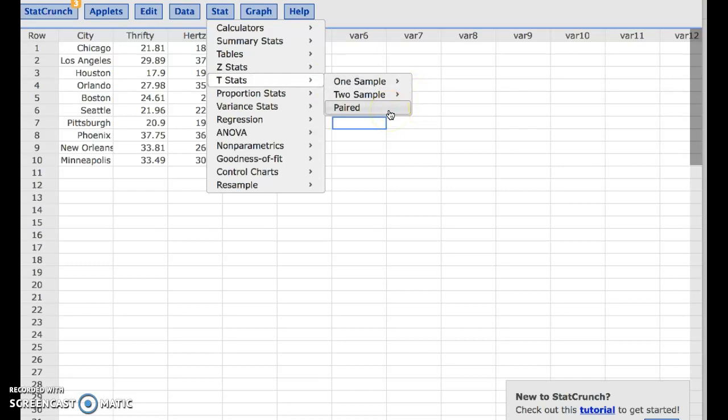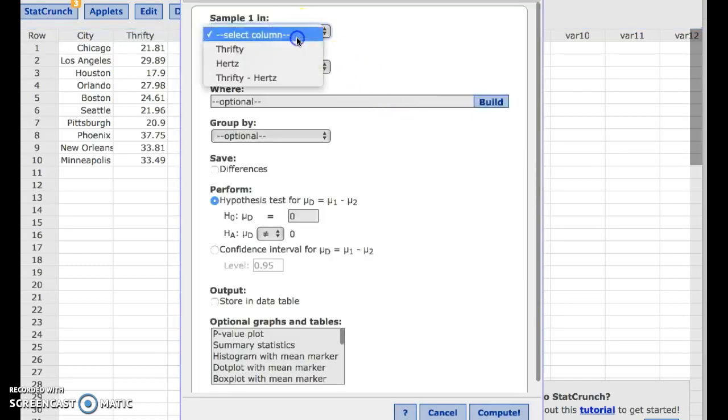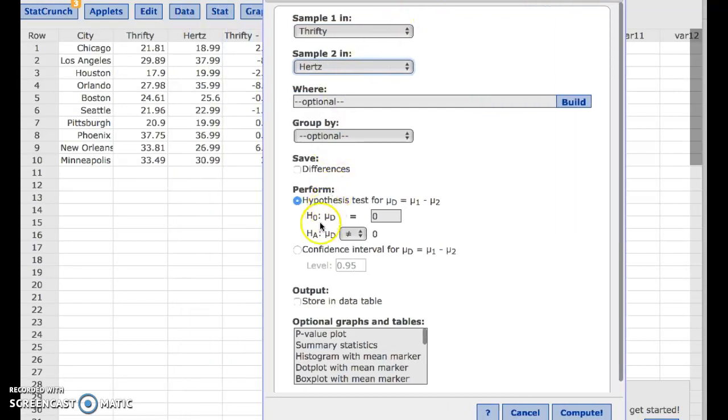So keep in mind here that for paired means, we're going to use the t-distribution, similar to what we saw in chapter 10, and the paired option. Notice none of your other options here have the paired, so it makes it pretty easy to choose the right one. My sample 1 is Thrifty, sample 2 is Hertz, and we can go ahead and set up our hypothesis test with our less than and compute.